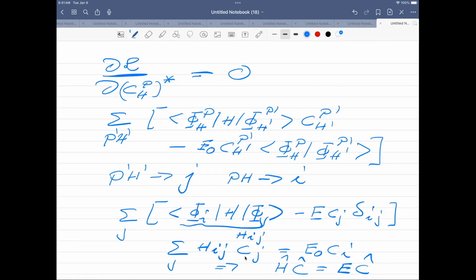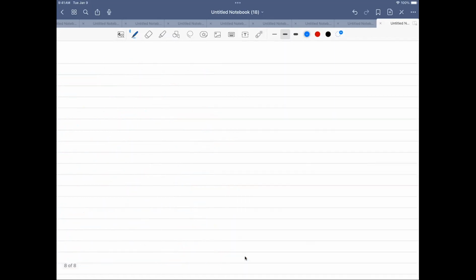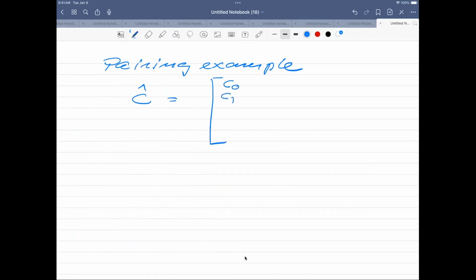So if you look at this vector C, for the pairing example, then this vector C is just given by these coefficients, which we define to be C0, C1, C2, and all the way down to C5 here.